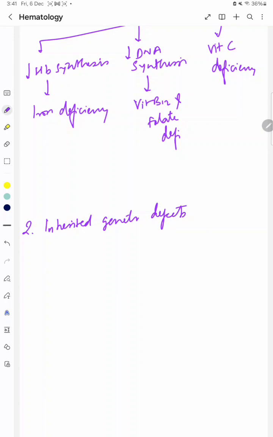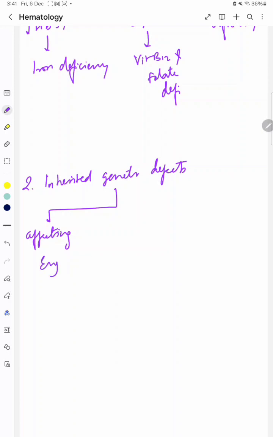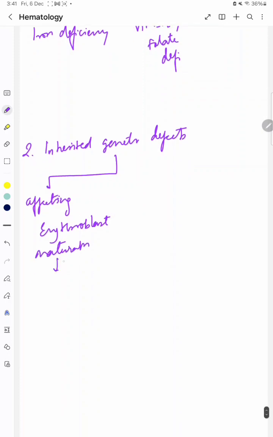Some inherited genetic defects also result in impaired RBC production, like defects affecting erythroblast maturation, which is seen in thalassemia.